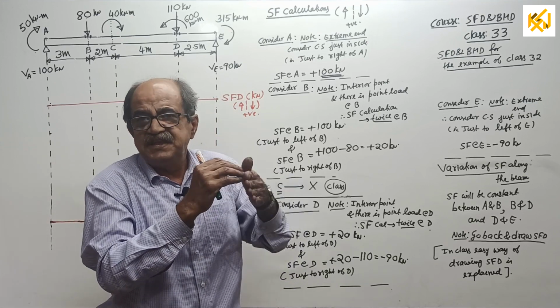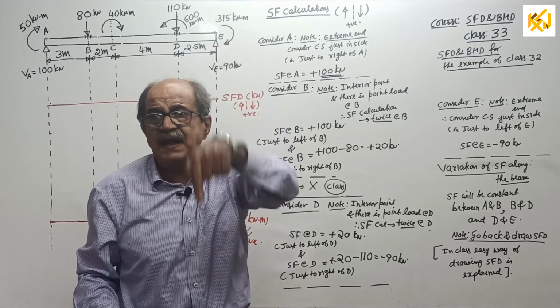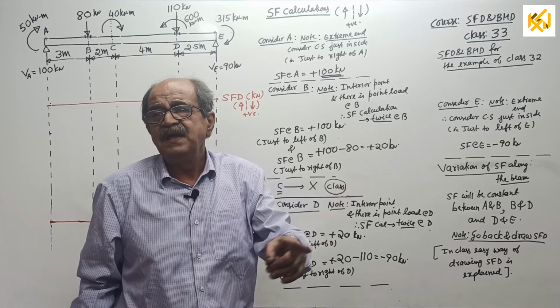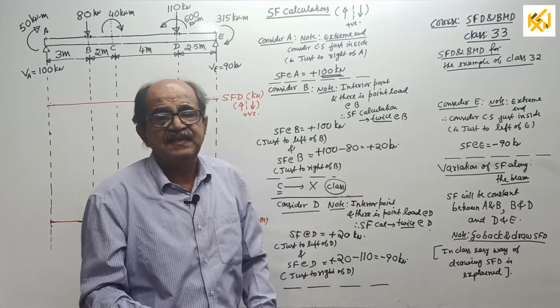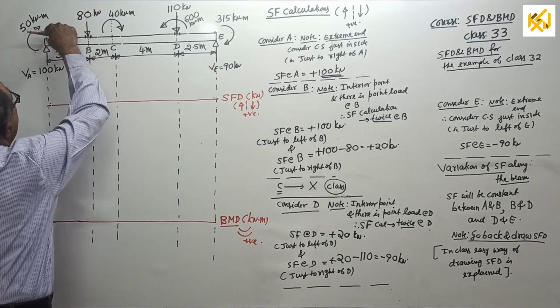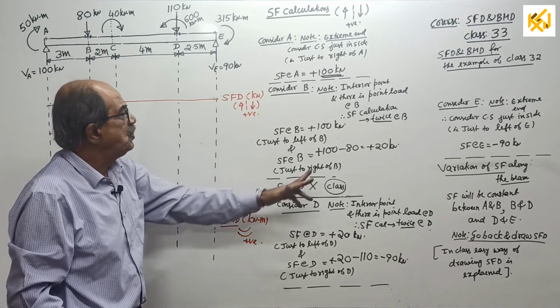When you change from just to left to just to right, see what is at that point. Every time copy the previous value and consider what is there. Afterwards, when UDL comes, I will tell from A to B there is UDL. Later it will come. Okay, now draw the diagram.